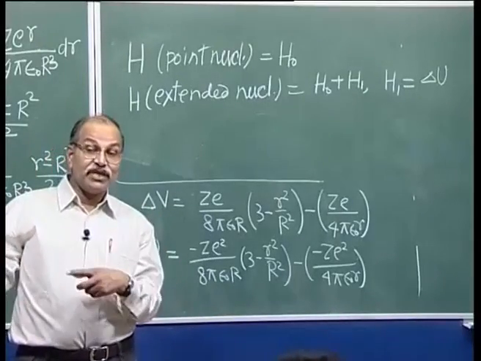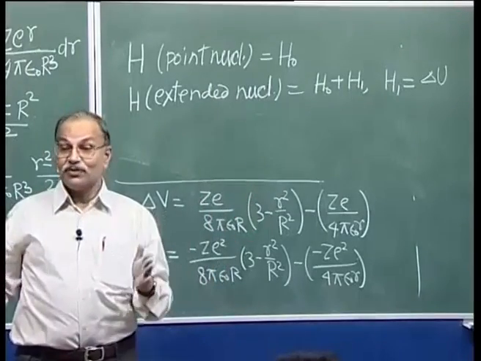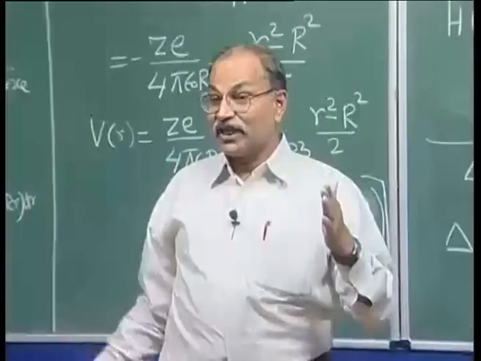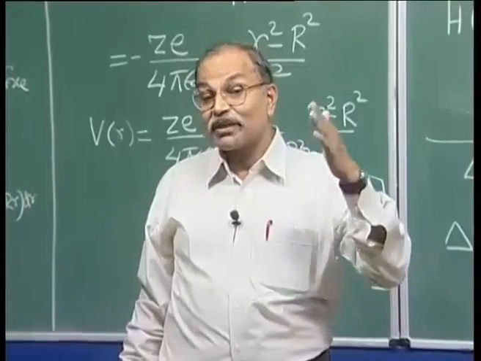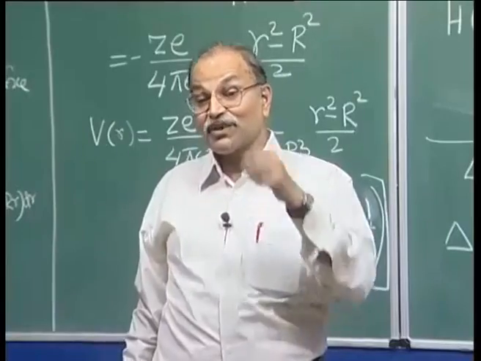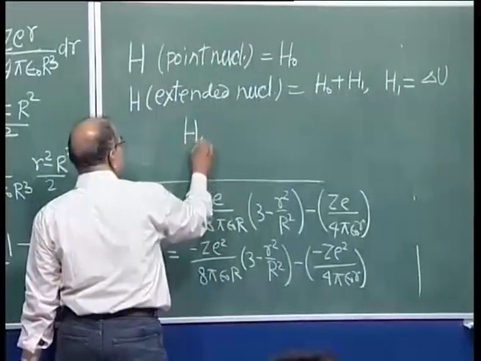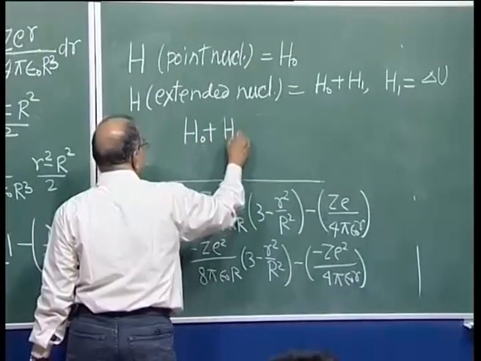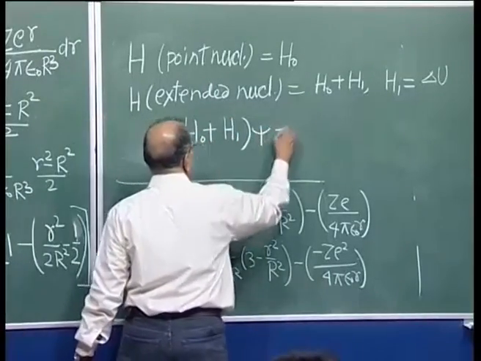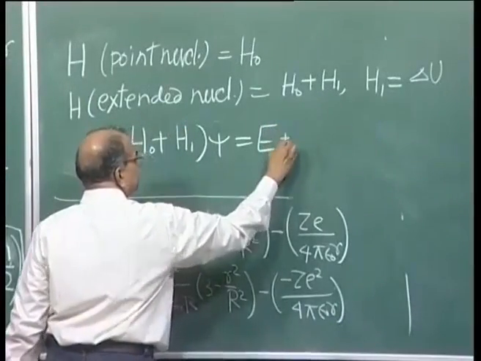Remember, energy we have gotten from solving the Schrodinger equation H psi equal to E psi. Now, H has become H naught plus H 1, previously it was H naught. So, now we have to again solve with this H naught plus H 1. This is the new energy.